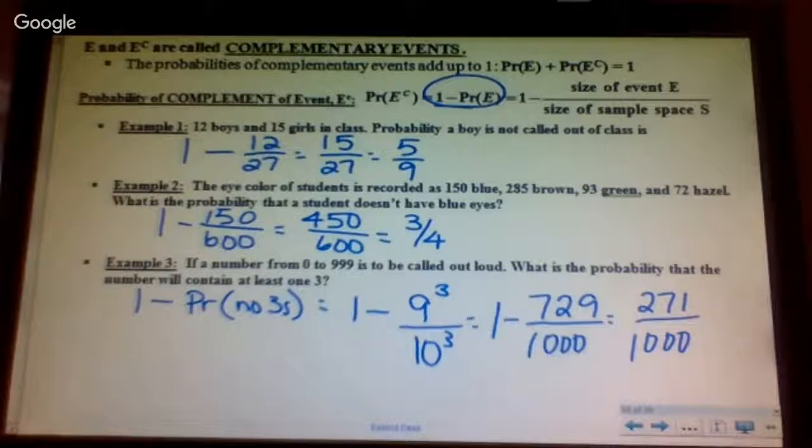I had 271 chances of having 1 3 in my number, whether it be in the first position, the second position, or the last position. This one here, instead of doing 1 minus 150, I could have added 285, 93, 72, and gotten 450 out of 600. This is just a different way to come up with the same answer.